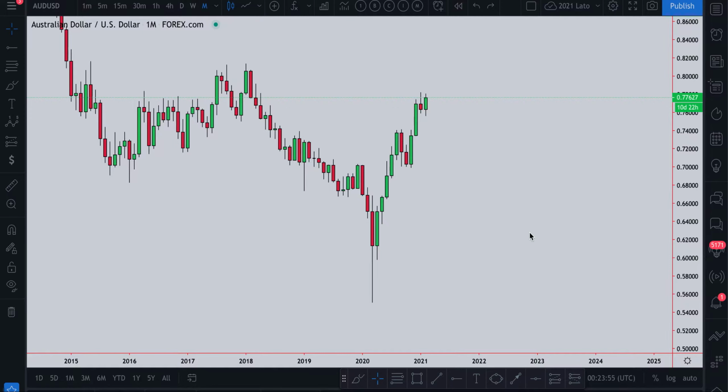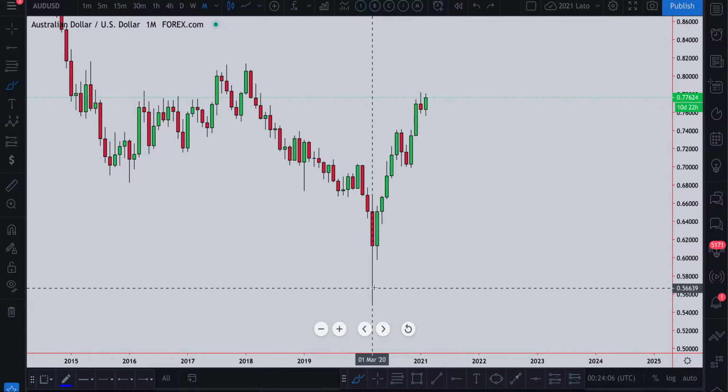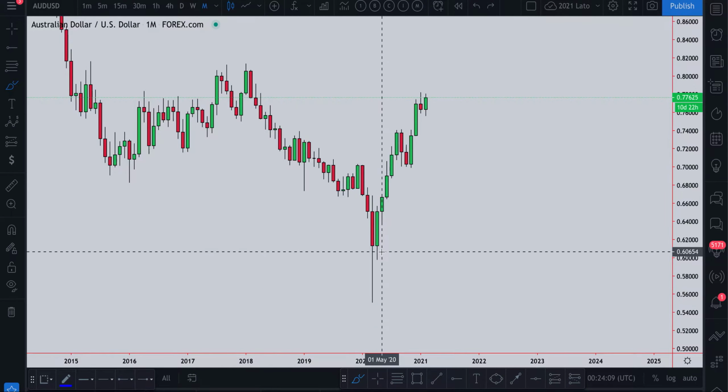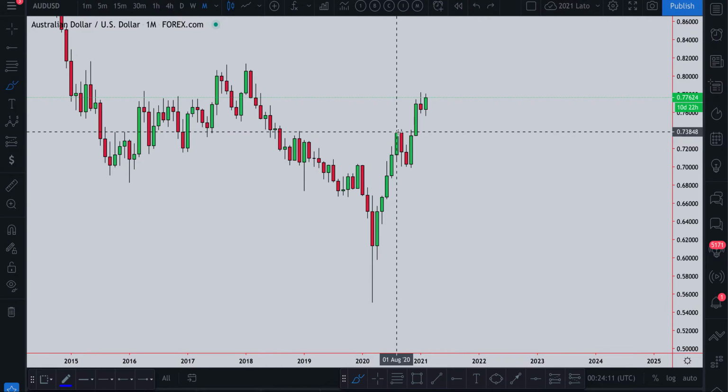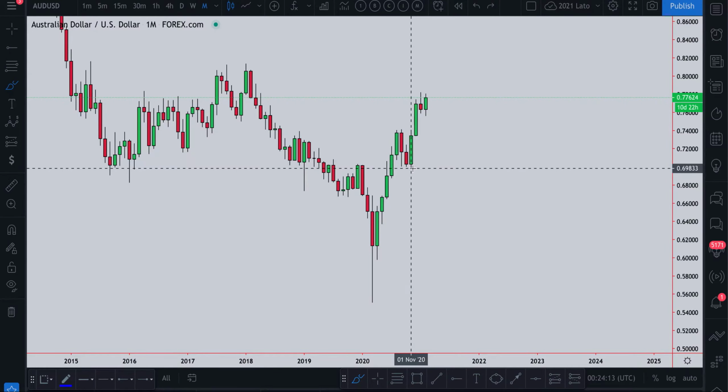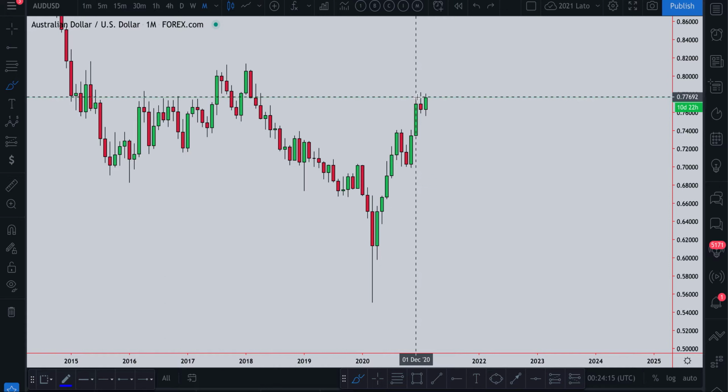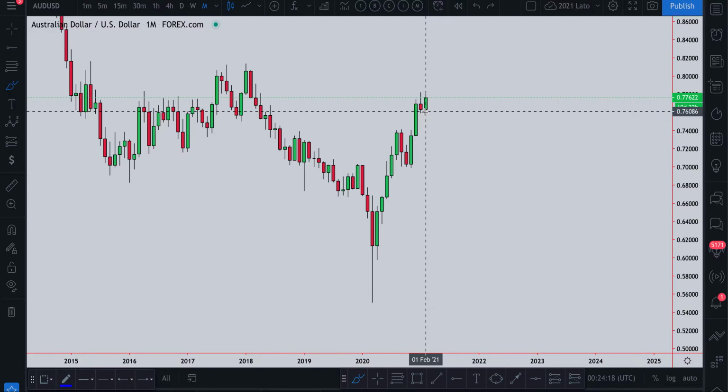Okay. So here you can see the market started from there, and it was a very nice impulse, followed by a correction and the continuation. And here you can see another aggression phase. Right.